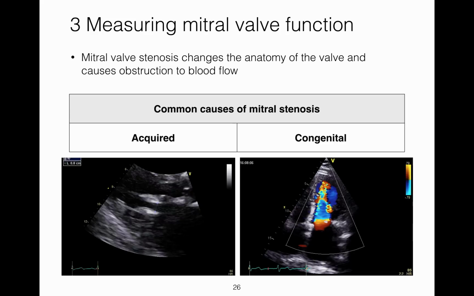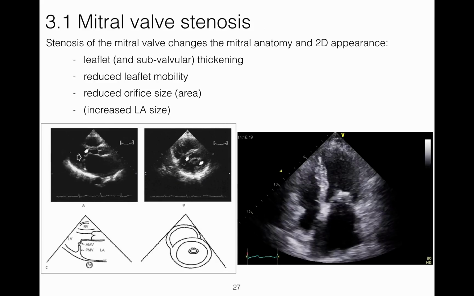Measuring mitral valve function. Mitral stenosis. Mitral valve stenosis is characterized by diseases that change the anatomy of the valve and cause obstruction to blood flow. Stenosis of the mitral valve changes the valve's anatomy, which can be recognized by changes to its 2D echo appearance.